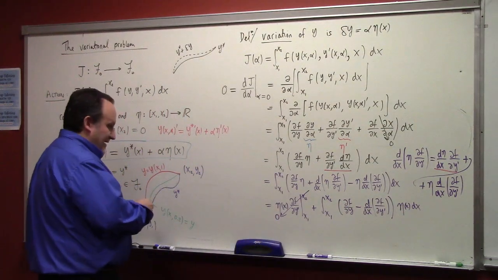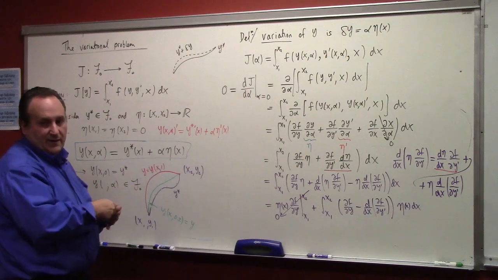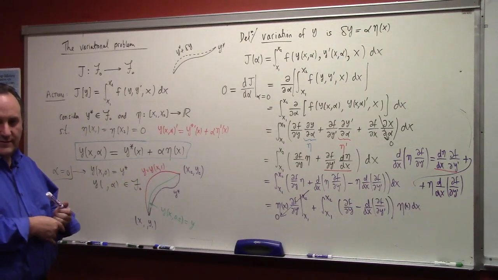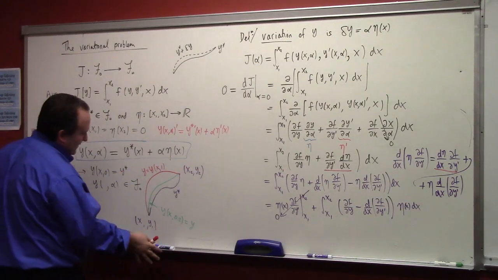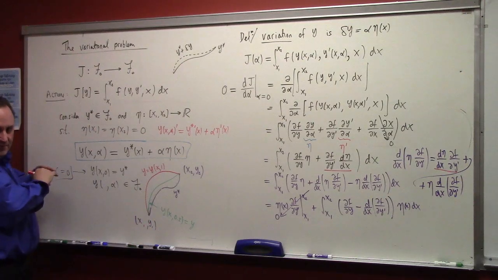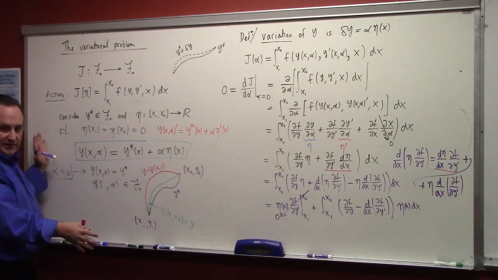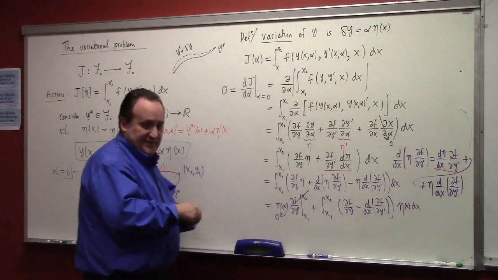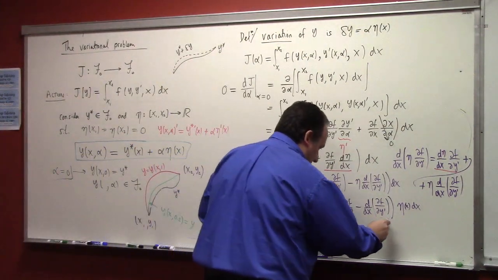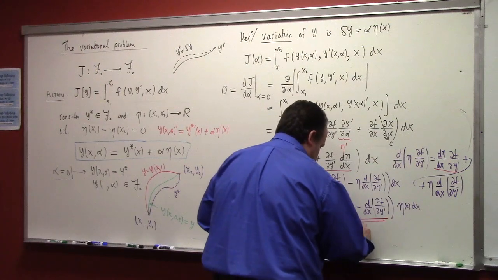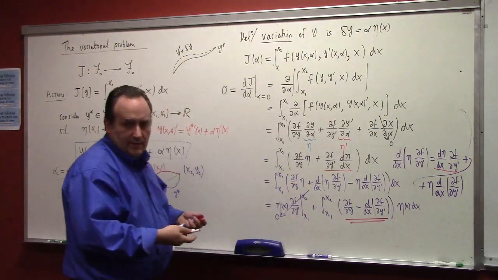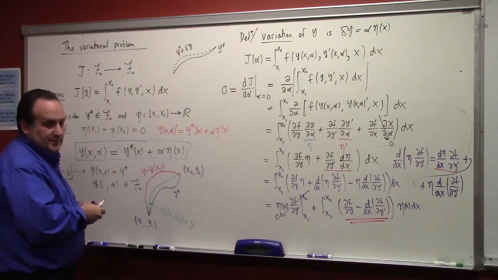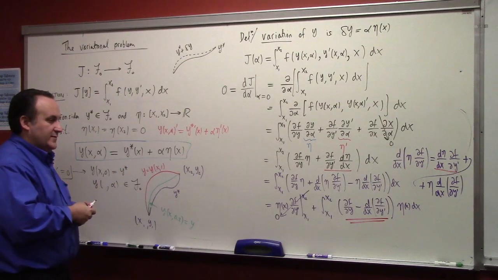And then since that has to be equal to 0 for arbitrary eta, this whole setup happens for one eta, but it happens for any choice of variation, completely arbitrary eta. That means whatever this is has to be equal to 0 in order for this to be an extremal action.